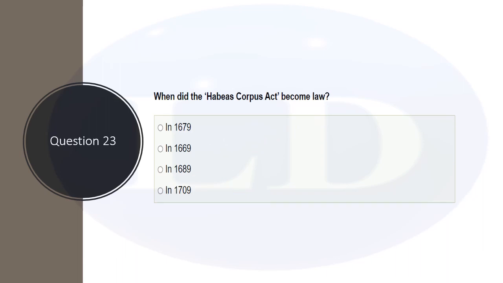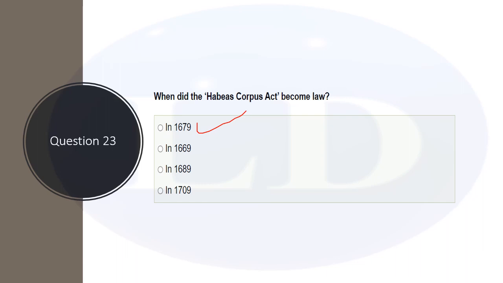Question number 23. When did the Habeas Corpus Act become law? The Habeas Corpus Act is an extremely important phenomenon in the history of the UK, and the answer is 1679. Let me explain it a bit, because sometimes understanding things could be very important. Habeas Corpus is one of those laws which is a landmark achievement in British history.